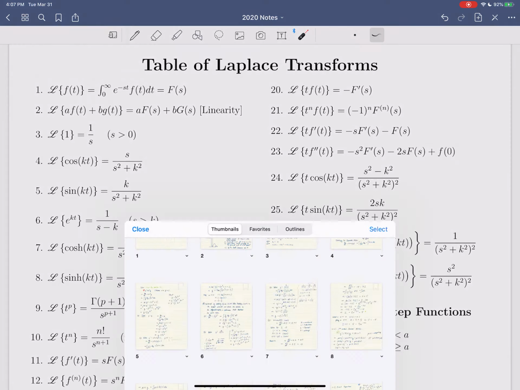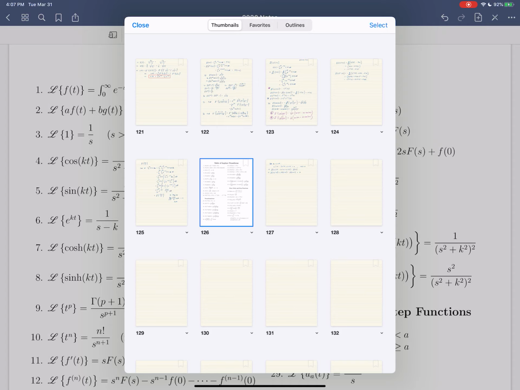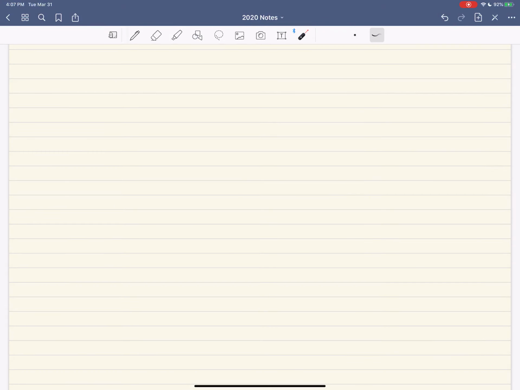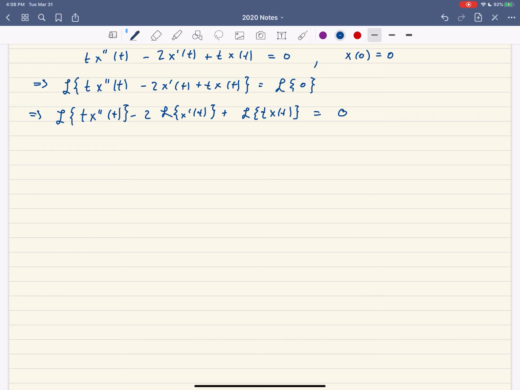We'll come back and look at this table. But by rule 20 and by rule 23, what we're going to have is the following. The t times x double prime of t gave us negative s squared times capital X prime of s minus 2s capital X of s.